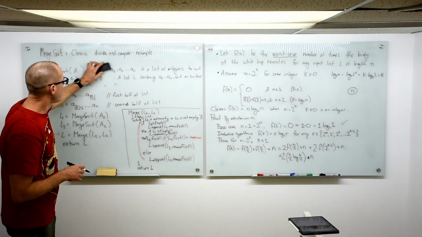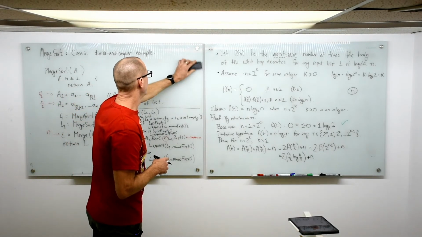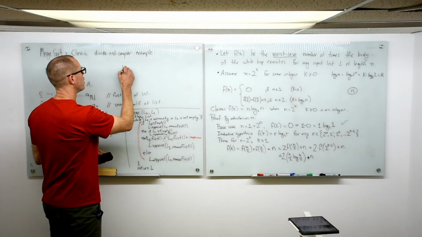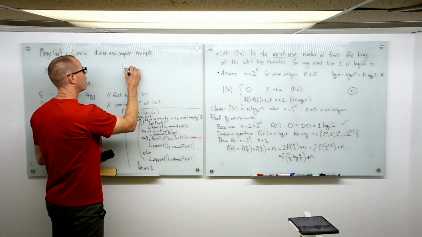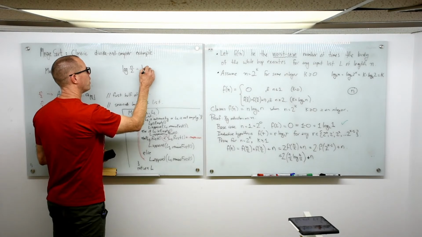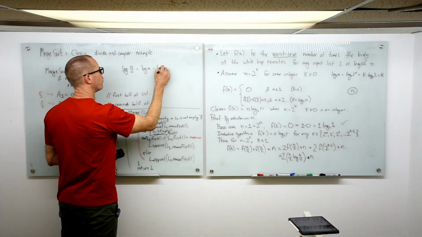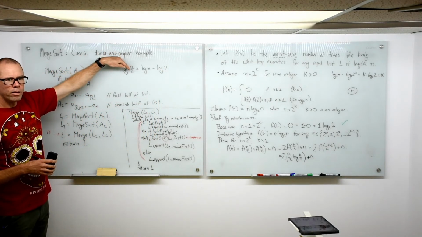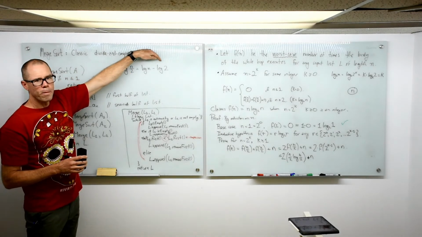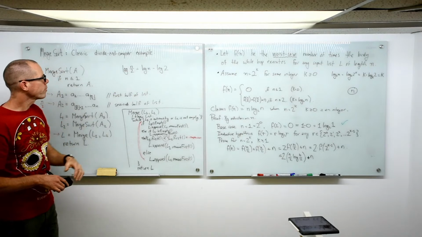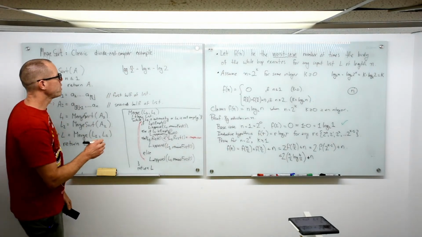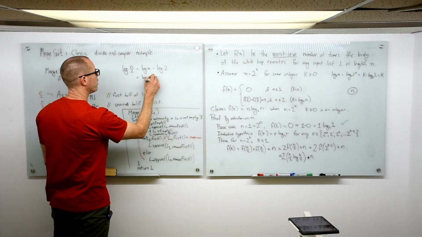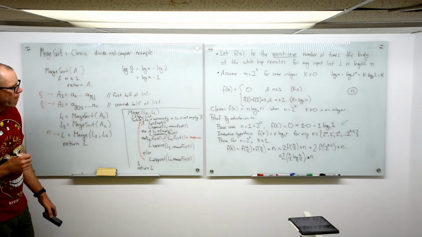Well, for that, we need to remember facts about logs, although it's already showing up from what's on the board. Log of n over 2 is equal to log of n minus log of 2. Okay. So this is just a general fact. Log of a divided by b is equal to the log of a minus the log of b. So that means this thing here, and log of 2 is just 1, so this is log of n minus 1.